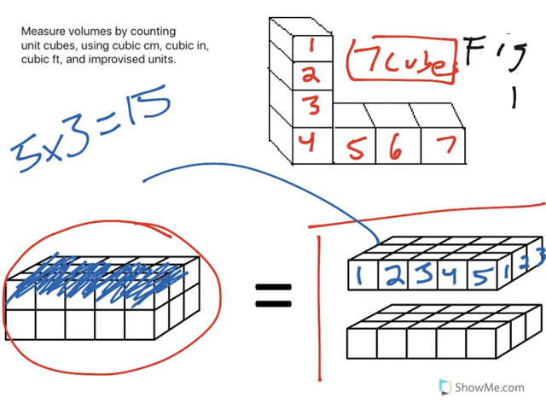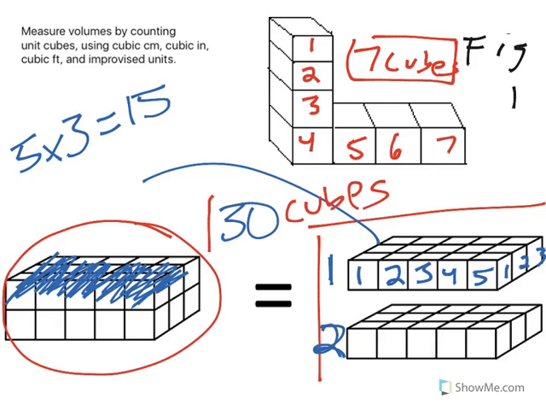So in order to get the volume of the whole figure, we do 15 times 2, because we have 1 layer and we have 2 layers. So 15 times 2 is 30. So the volume of this is 30 cubes.